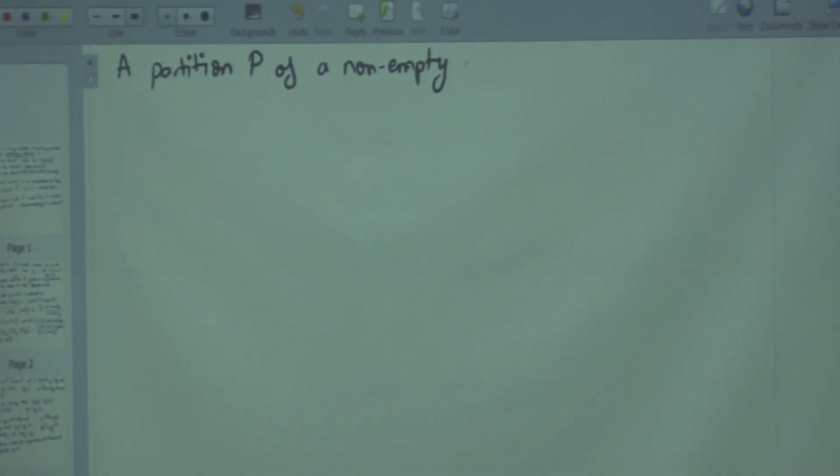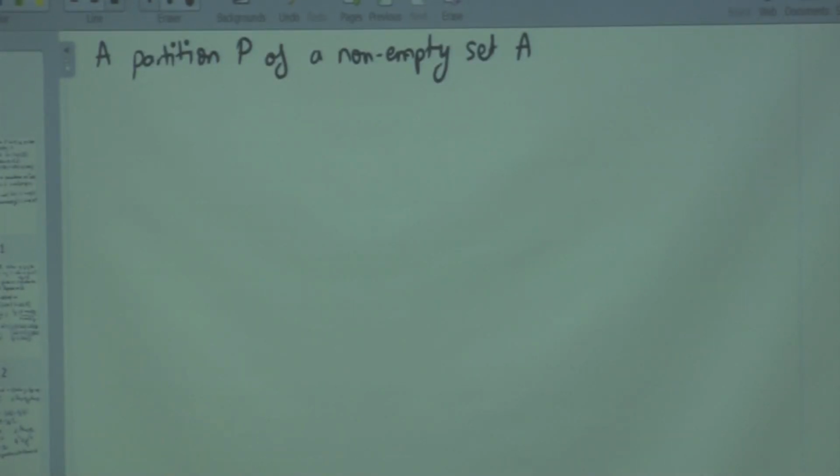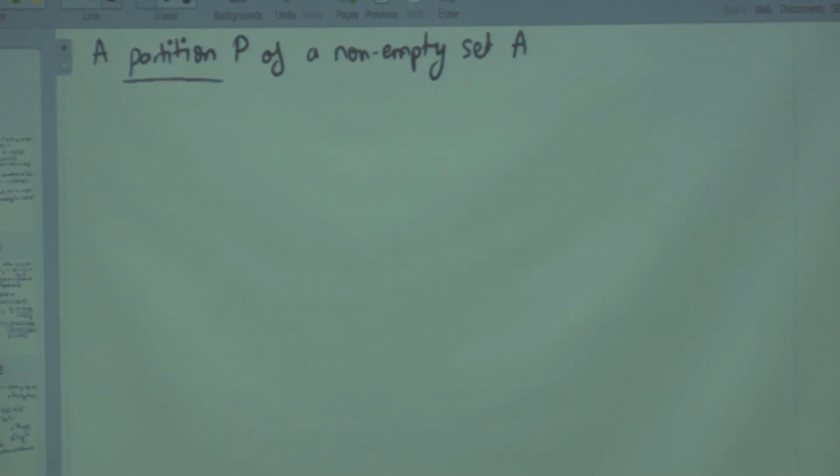Okay, a partition P of a non-empty set A. So what is a partition? It's a collection of disjoint sets whose union is the set itself.